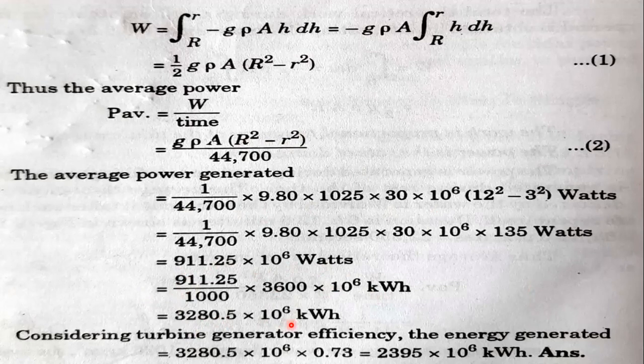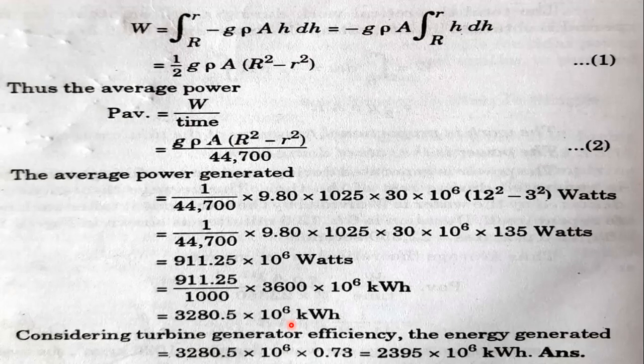So this is the average power generated, and now we have to consider the generator efficiency and calculate the energy generated. The efficiency is given as 0.73. Multiply this with the efficiency, and we get the energy generated with the given efficiency.